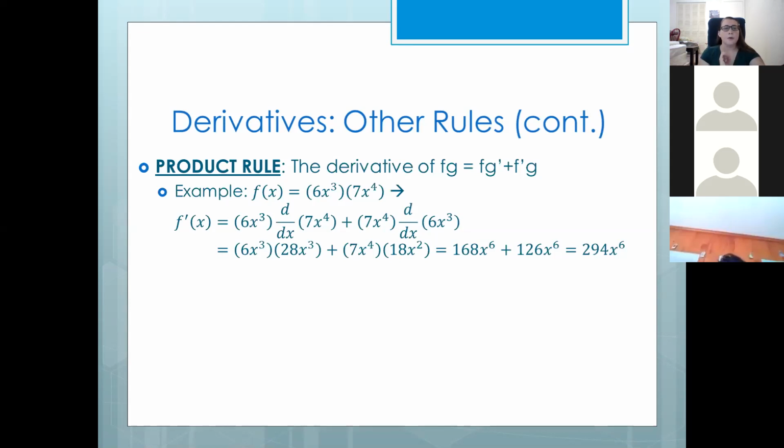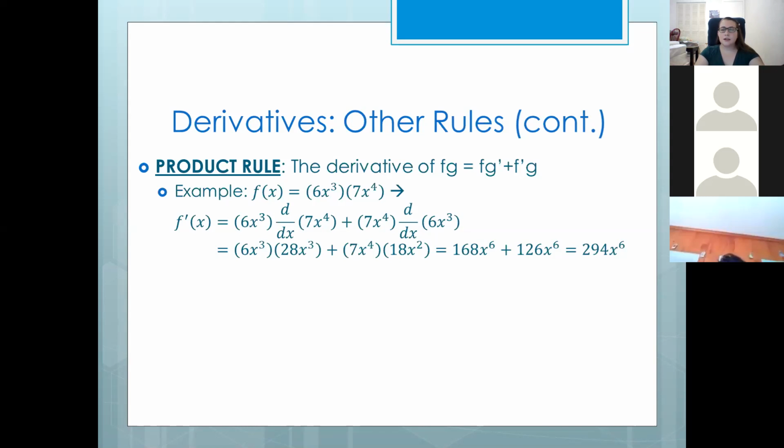And we apply the power rule again, so 6x cubed times 28x cubed plus 7x to the fourth times 18x squared. And then we can multiply those things together and get our final answer, which is 294x to the sixth.